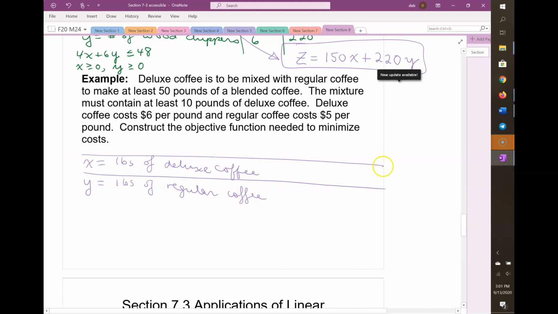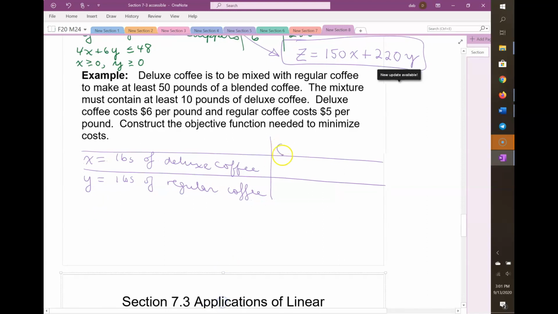Then we made our little chart. And this time we can't really use the chart very well for writing the inequalities, but we can collect our cost information here. So deluxe coffee costs $6 a pound and regular coffee costs $5 per pound.